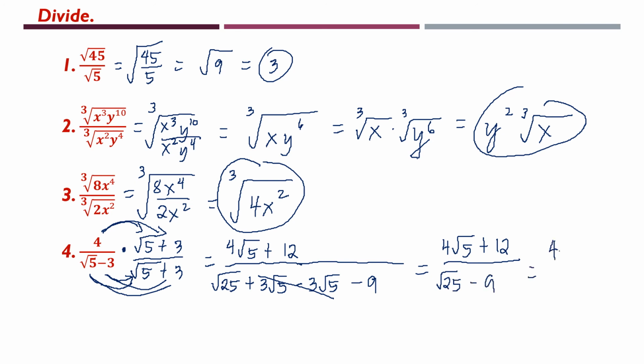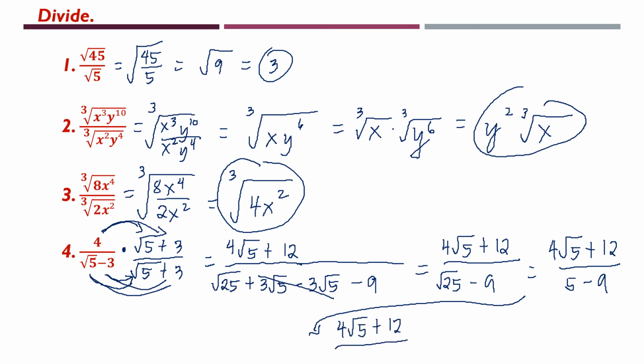So we have 4 square root of 5 plus 12 over square root of 25, which is 5, minus 9. We now have 4 square root of 5 plus 12 over negative 4, since 5 minus 9 is negative 4.